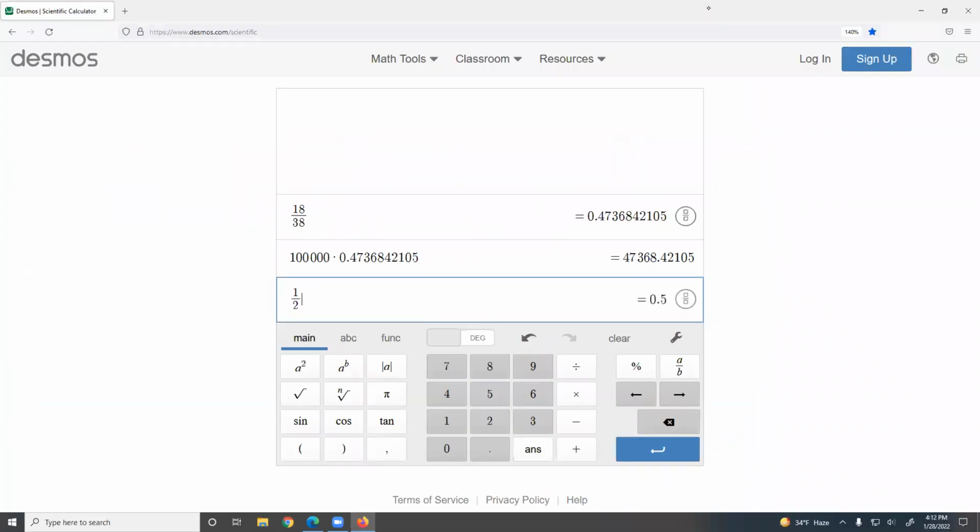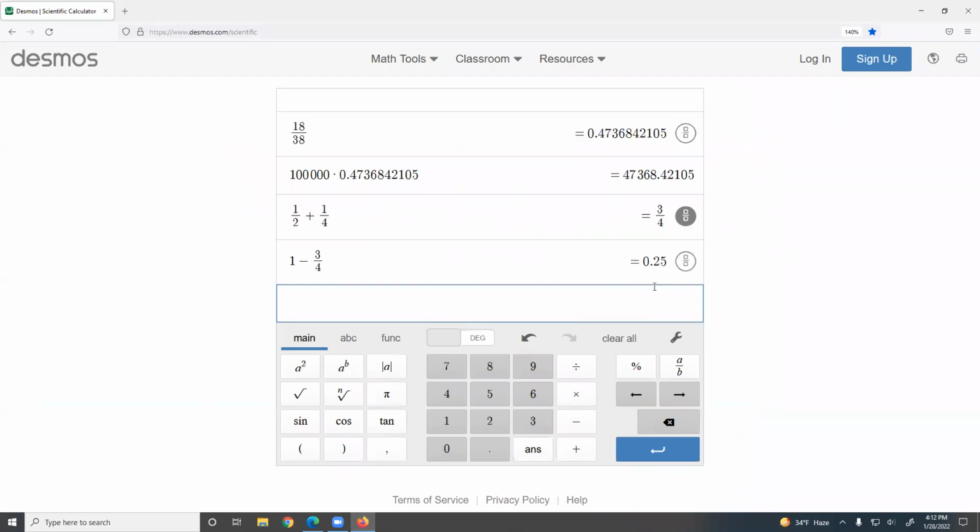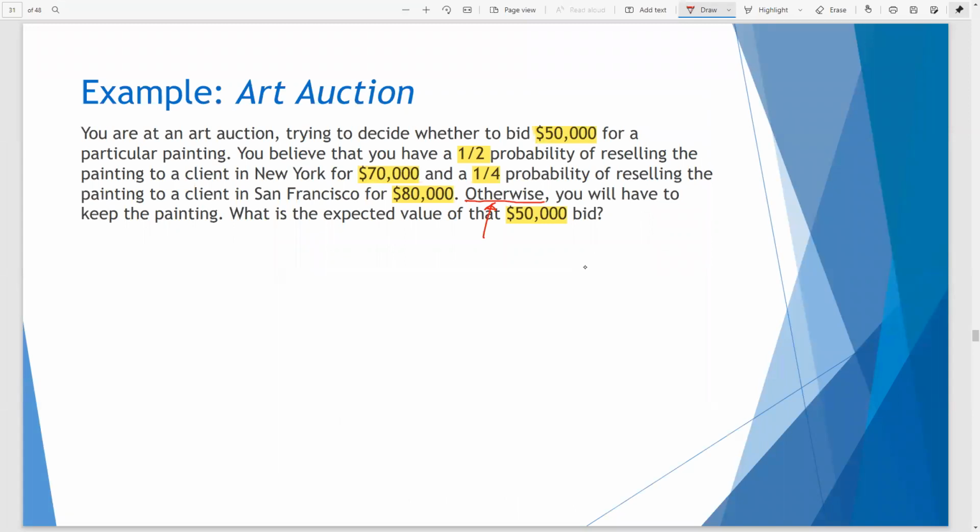So that is a 3/4 likelihood to sell it, no matter the price. The remaining 1/4 probability is the likelihood that he just keeps the painting himself. So here "otherwise" means 1/4.